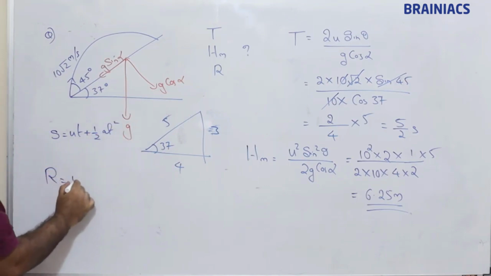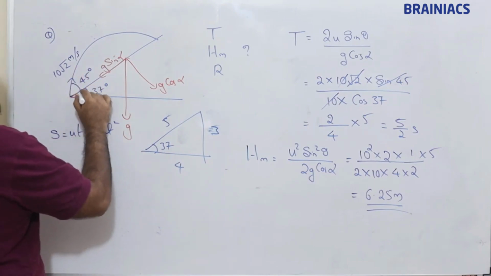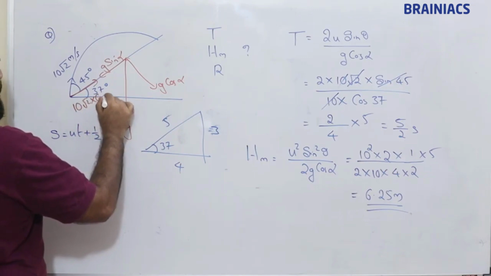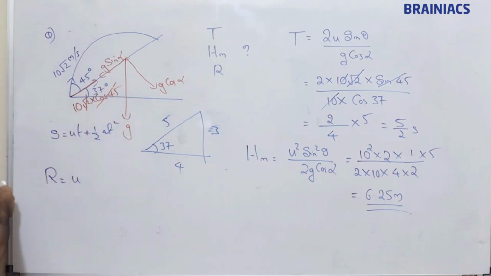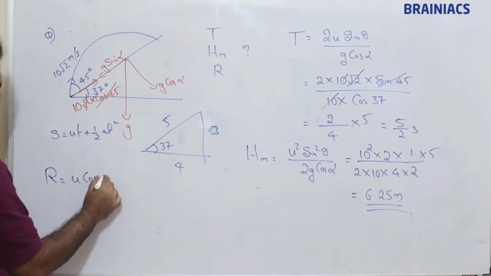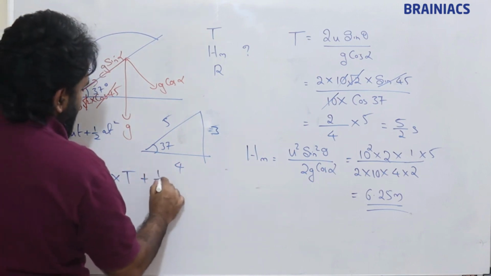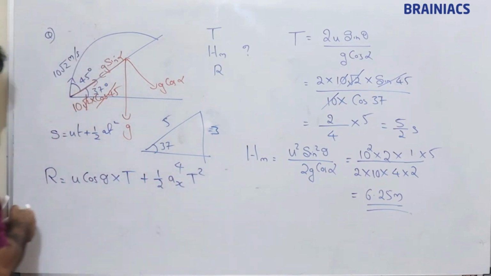So R is equal to u cos theta. We need to resolve 10 root 2, in this direction this is going to be u cos theta, 10 root 2 into cos 45. So root 2 and cos 45 can be cancelled off. So here u cos theta into the time of flight plus half into the acceleration which is there in the x direction and t square.